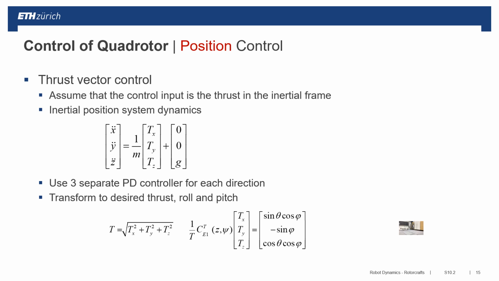So this means that we can again have 3 separate PD controllers for the position control, but in contrast to the attitude control, we have to transform the output thrust vectors coming from the controller back to the coordinate system of the quadrotor, because the thrusts are generated by the rotors, which are defined in the quadrotor coordinate system.